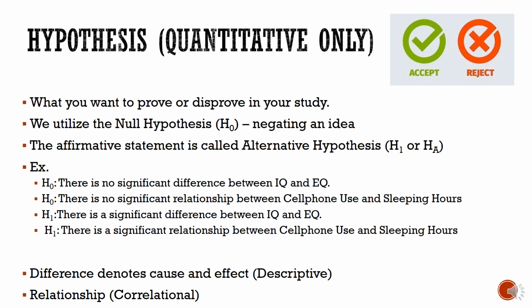The opposite of the null hypothesis is called the alternative hypothesis, which is symbolized by H sub 1 or H sub A. For example, for H sub O, there is no significant difference between IQ and EQ. For the affirmative, it would be there is a significant difference between IQ and EQ.